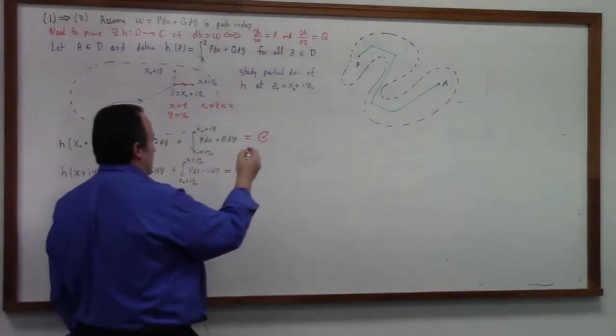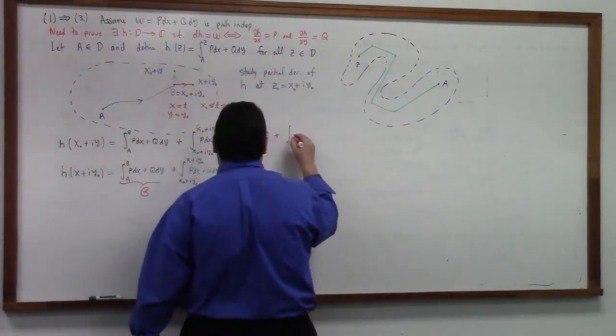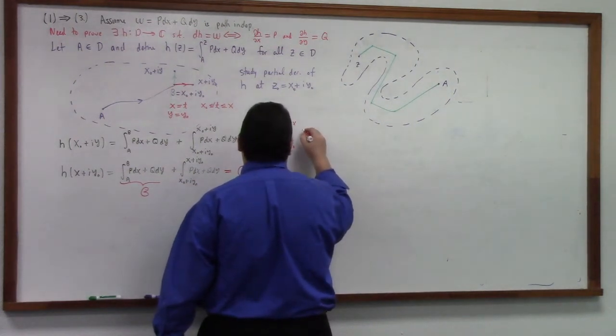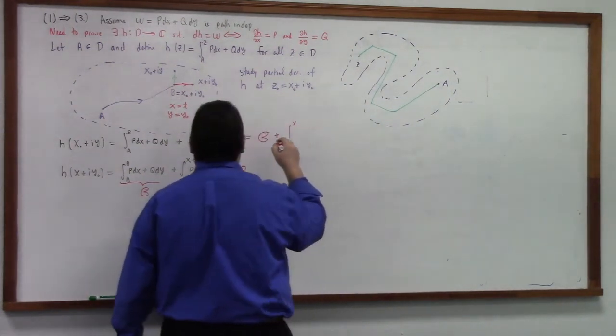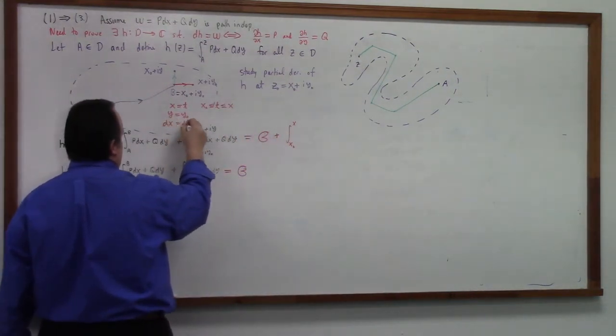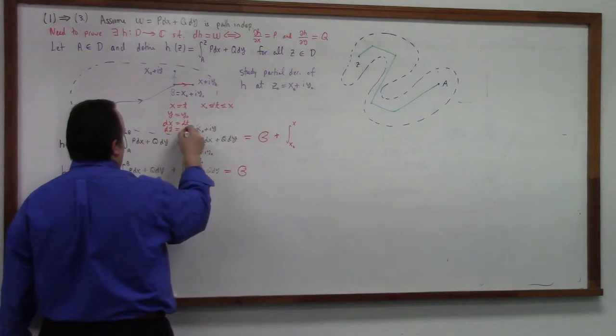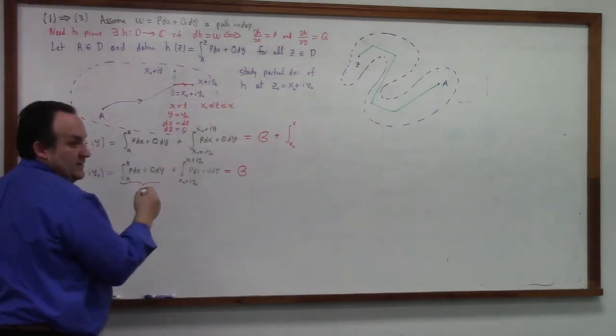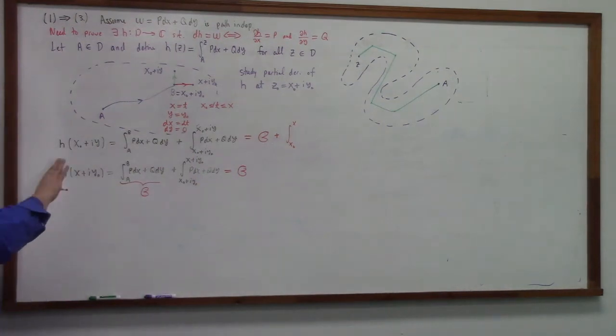So this is plus the integral from x naught to x of, and by the way, in the red, let me finish the red here. dx is dt, dy is 0. So for this integral, the dy piece is gone, and we just got p dx.